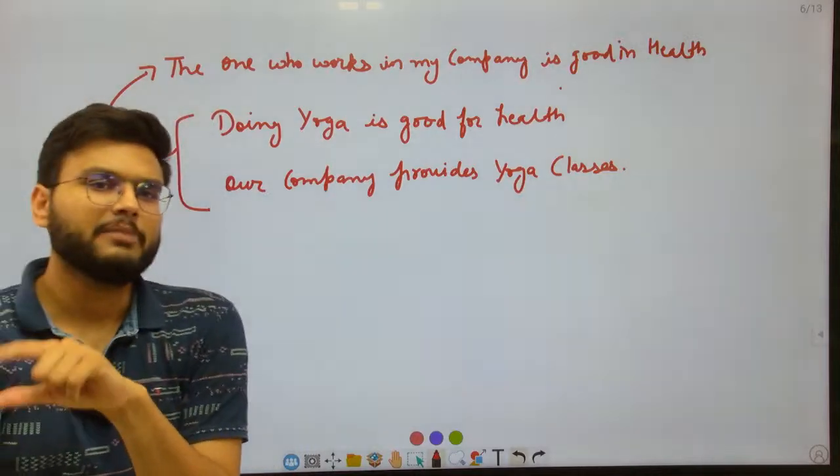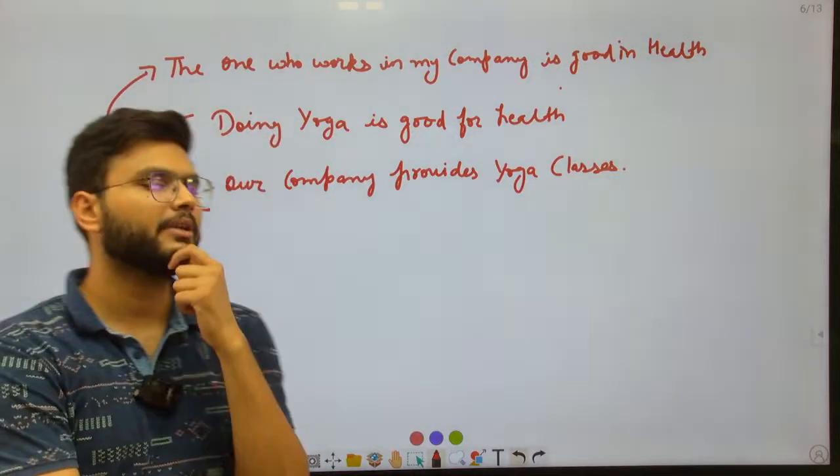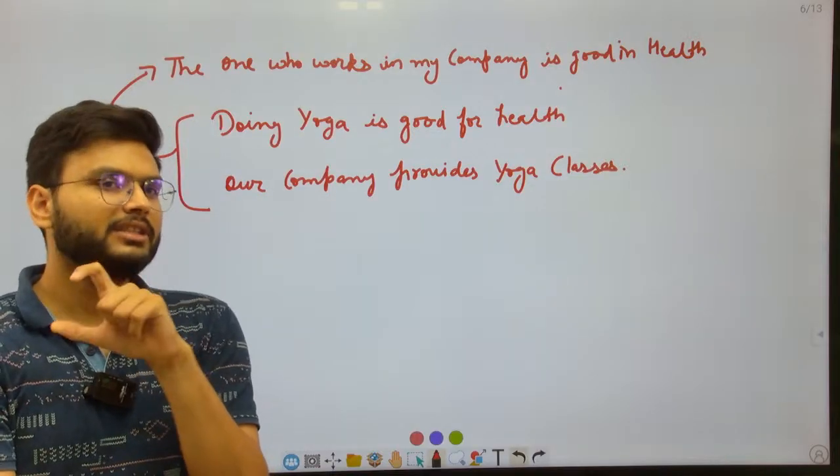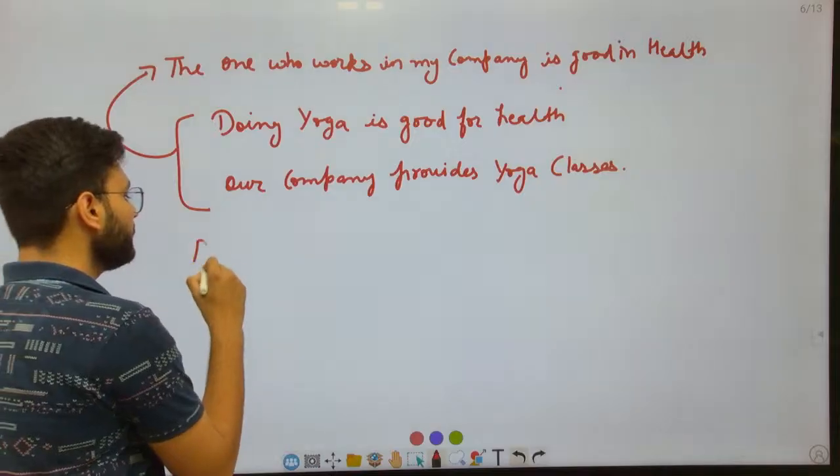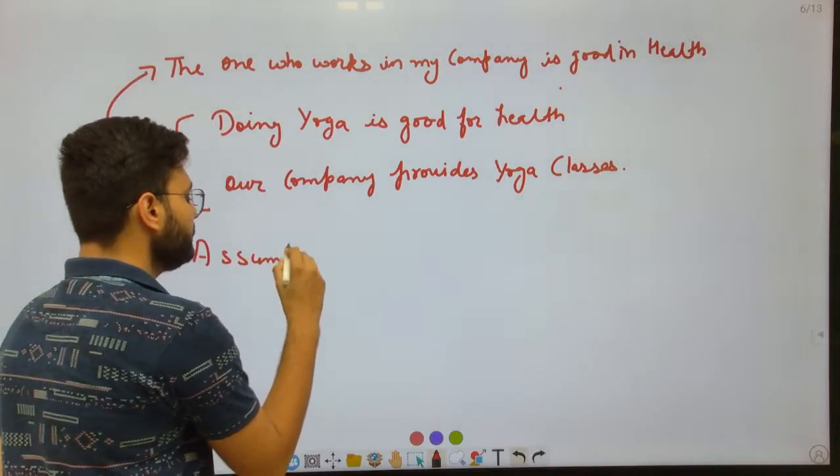On what basis am I saying that the one who works in my company is good in health? It means that I am assuming this idea. I have an assumption, a mandatory assumption. What is the assumption?